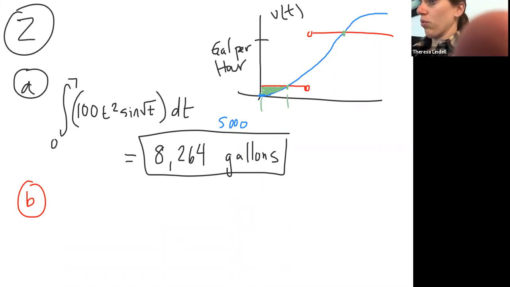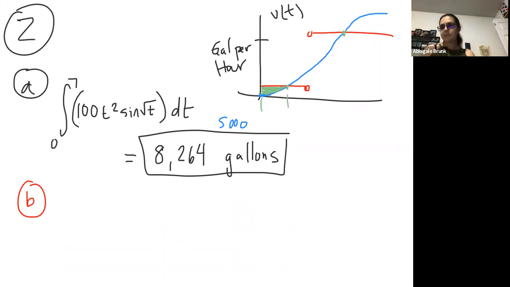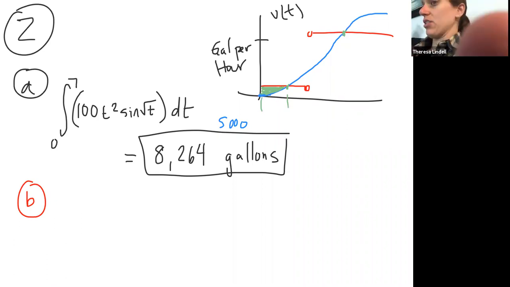So that would be part of our answer for part B, because if it's draining faster than it's coming in, from 0 to 1.6 would be a spot where it's decreasing. And this is a time interval. Where else is it going to be decreasing?